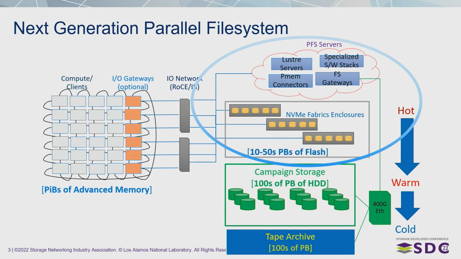Additionally, due to the economics of flash, we probably will not be building a system with the same capacity as our hard drive layer that we currently have, and the capacity will be lowered to about 10 to 50 petabytes.